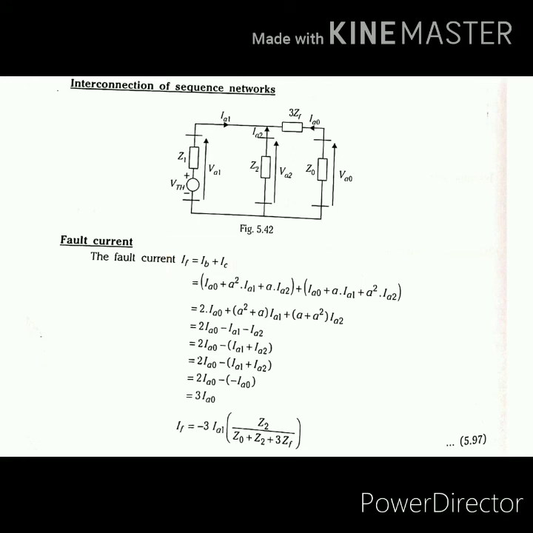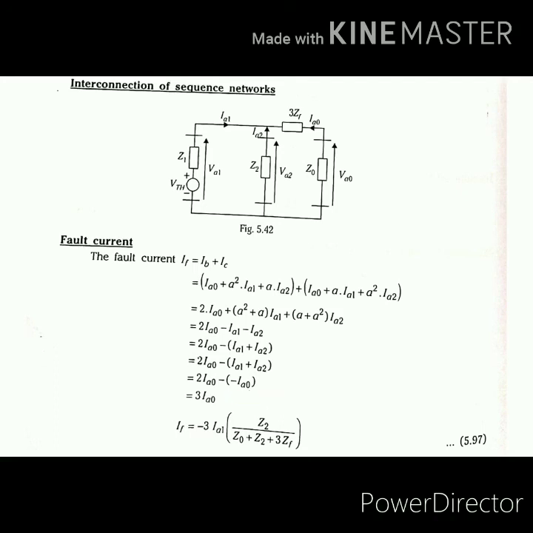Fault current is the sum of currents IB plus IC. So expressing them in terms of sequence components and substituting the A operator, that is A square plus A equal to minus 1, we get the final equation, which is 3 into IA naught.